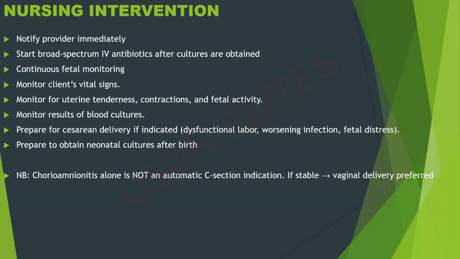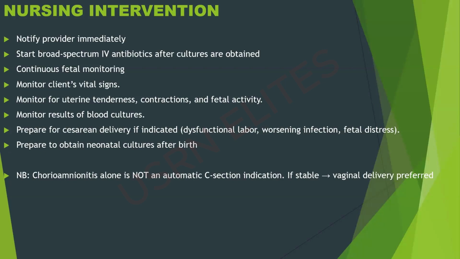And after delivery, because we want to prevent sepsis, we have to obtain neonatal cultures. So it's not only the mother that you obtain culture from, you have to do it for the child as well. As I said, chorioamnionitis is not an automatic CS indication.